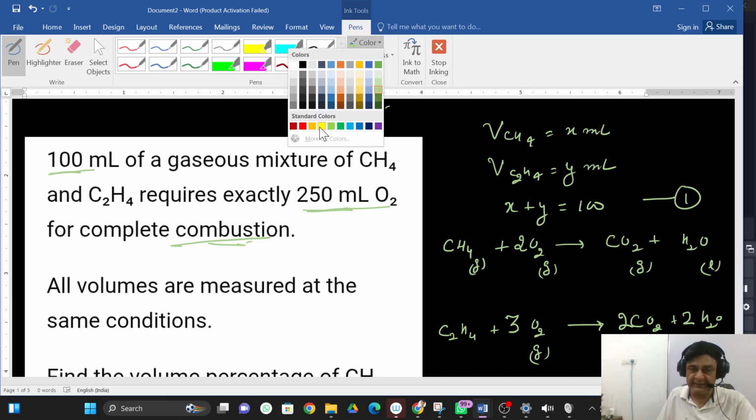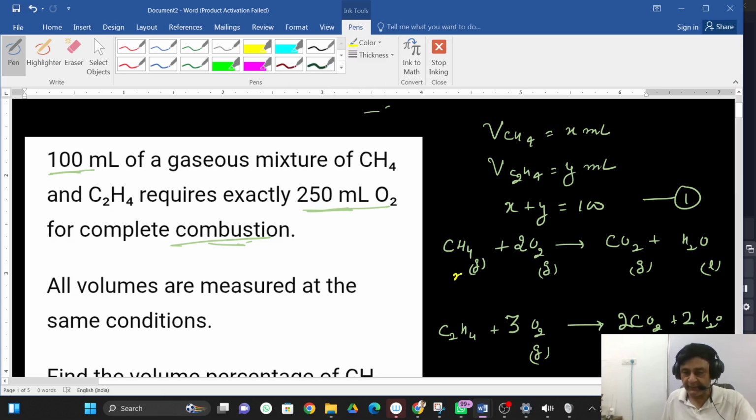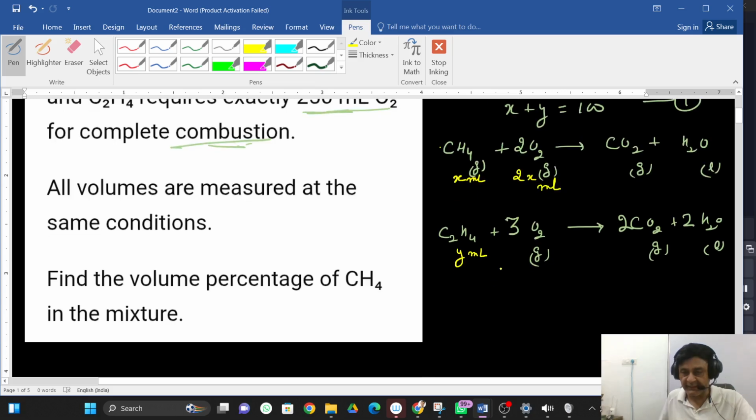Now if you see this equation, X milliliter of methane and Y milliliter of ethene are combining with oxygen. 1 mole requires 2 moles, so X milliliter of methane will require 2X milliliter of oxygen, and ethene will require 3Y milliliter.